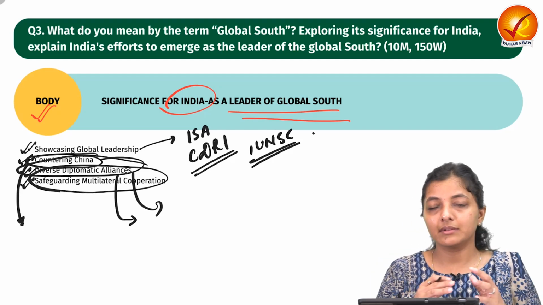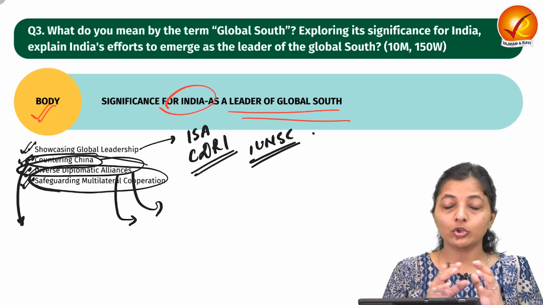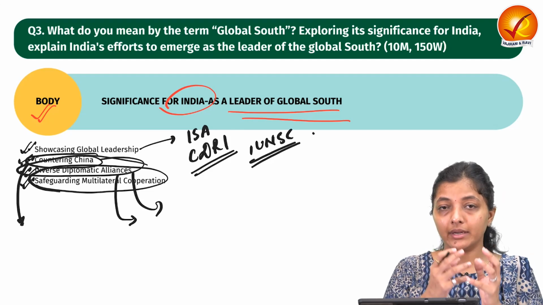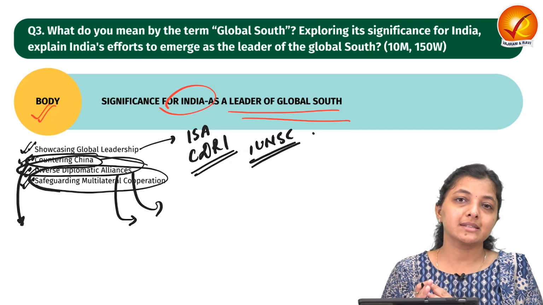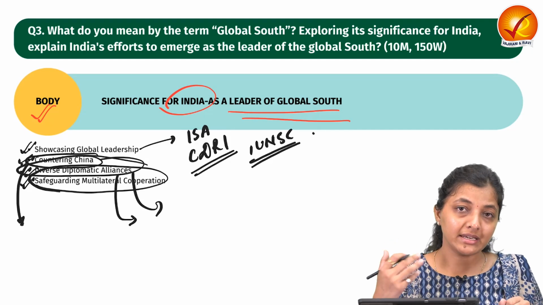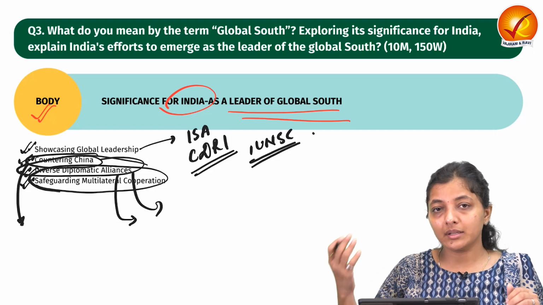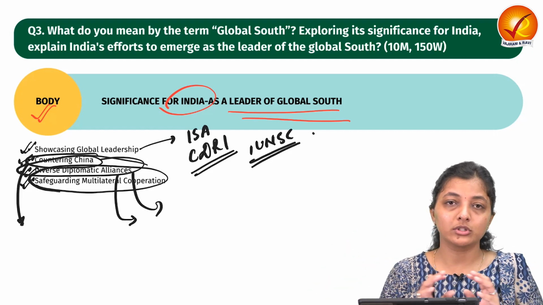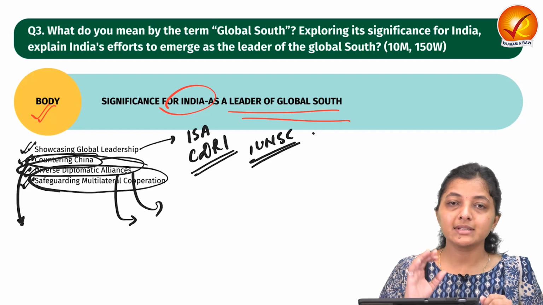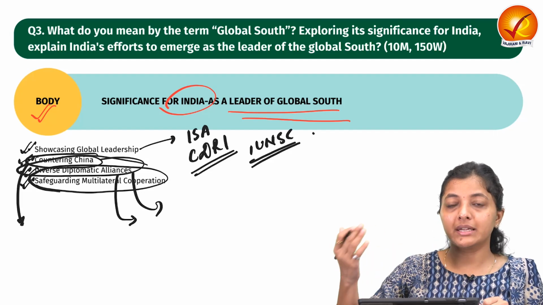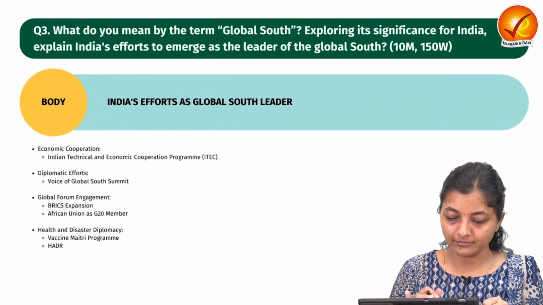When India has the support of the global south countries, it means India can also raise its voice at the multilateral forums, like collective dialogue can happen at the multilateral forum, and all the global south countries can back India for the multilateral reforms also.